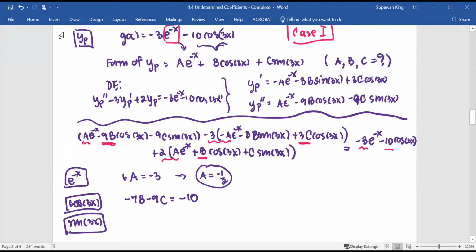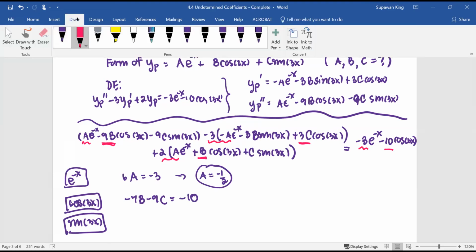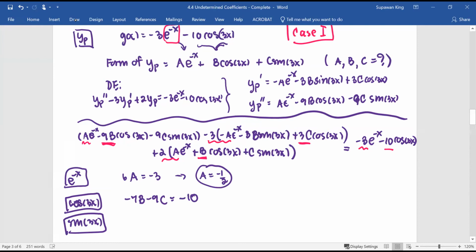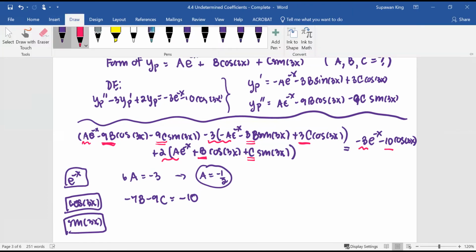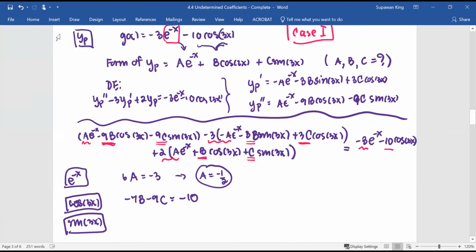Next one, look at the coefficient of the sine of the 3x, the left and the right side of the equation. Starting with negative 9c plus 9b plus 2c, then that gives us 9b minus 7c equals the right hand side, no cosine term.